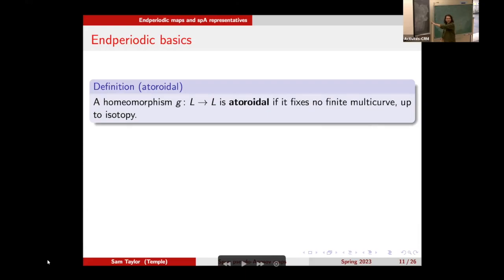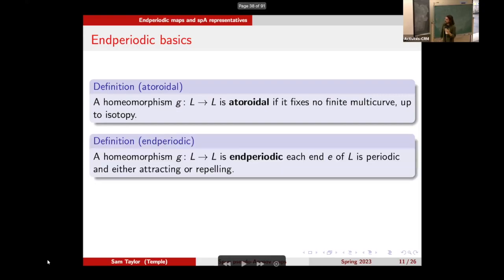It's the same as the classical Nielsen-Thurston obstruction. The other one is also topological, and I think this goes to answer Jonah's question. This homeomorphism, this first return map, is called end-periodic. The point is, if we look at the spiraling picture, we can see specifically what's happening on the ends of the surface. The ends of L are spiraling about sigma.